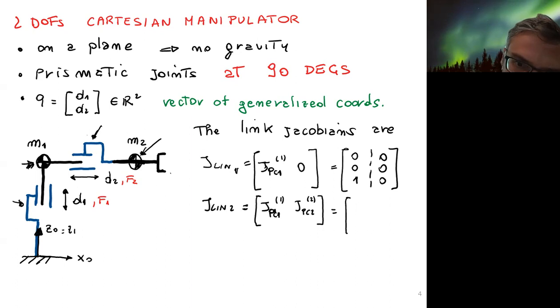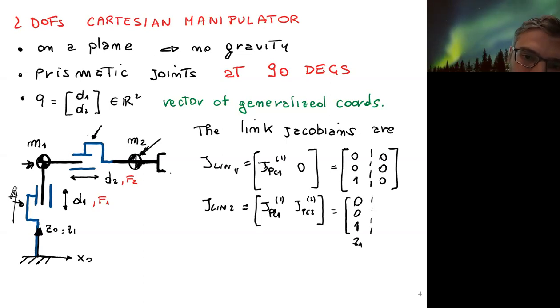And again, the motion of this point is due to the linear motion of this joint, so it is 0 0 1, you remember Z1, and the axis Z2 according to our convention is horizontal, but we need to remember we need to write everything in the zero frame, so it will correspond and align with the x-axis.